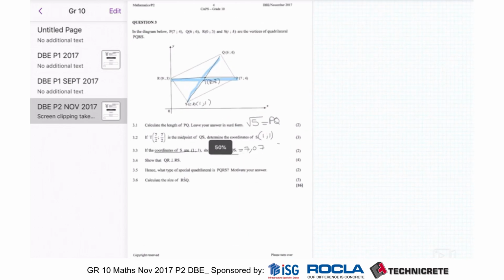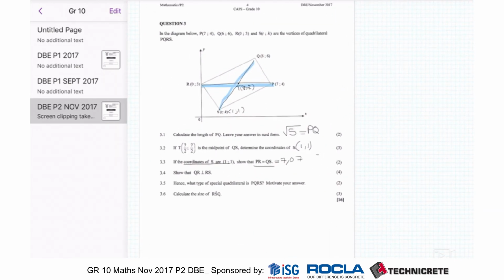The next one says show that QR is perpendicular to RS. So here's my QR. And how would we show that things are perpendicular? By using gradient.